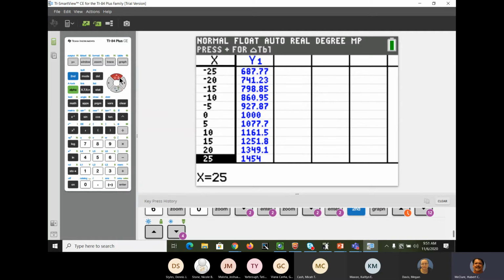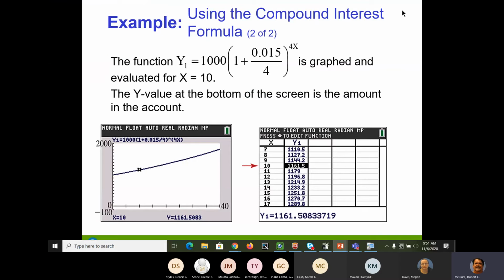In 20 years, you would have 1349. So it's good that you can graph that equation for T right here, 4T or NT, because that T is how many years you keep the money in the bank.